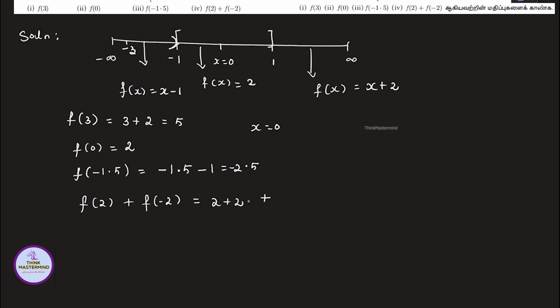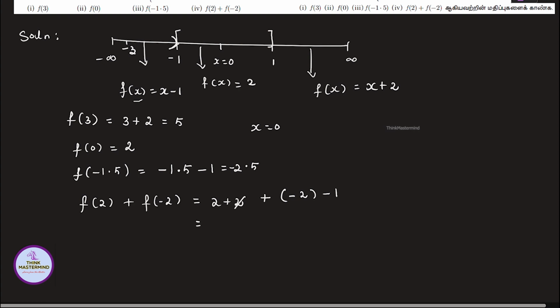The corresponding function is x minus 1. Therefore, f of minus 2 is minus 2 minus 1. Simplify this. 2 and minus 2 cancelled. 2 minus 1 is 1. So this is the required answer.